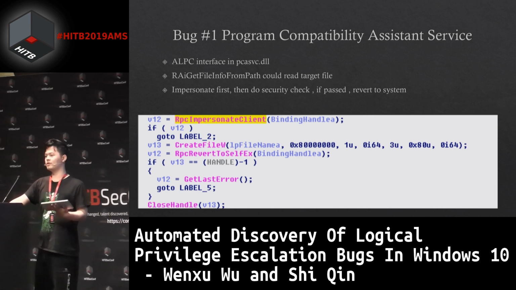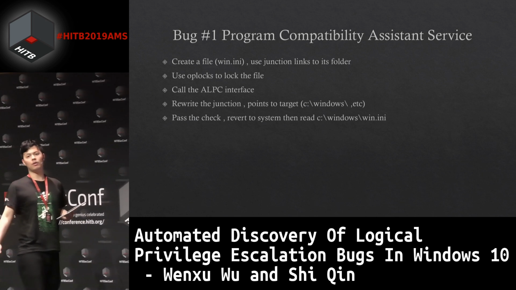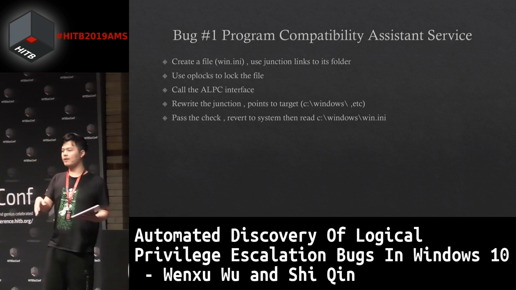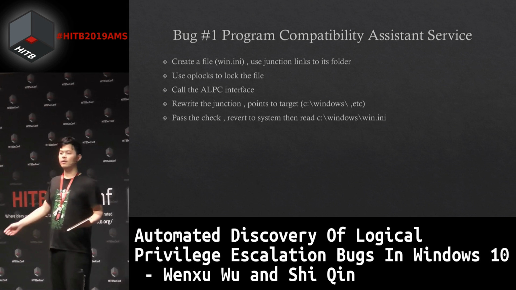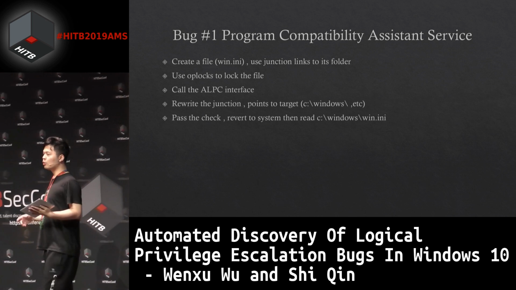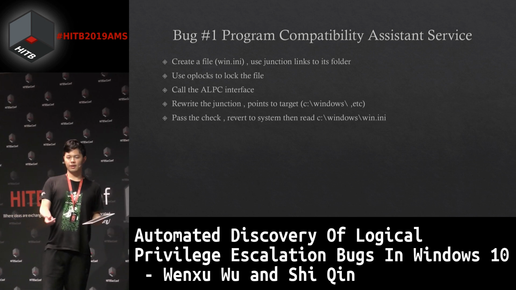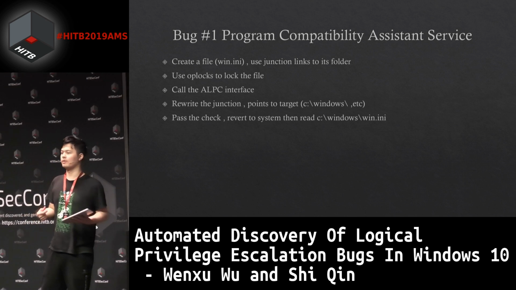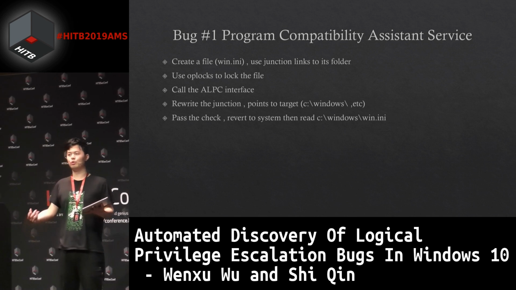So let's see how to break this rule. We just create a file with the same name as the target file, and we lock it with the OPLock. Then we call the interfaces in ALPC. After we get notified by the OPLock, that is to say the system service tries to open the target file with the current user's token, we rewrite a junction to the target folder we want to read.